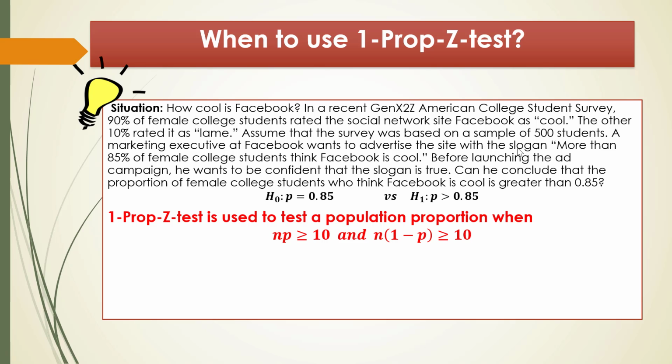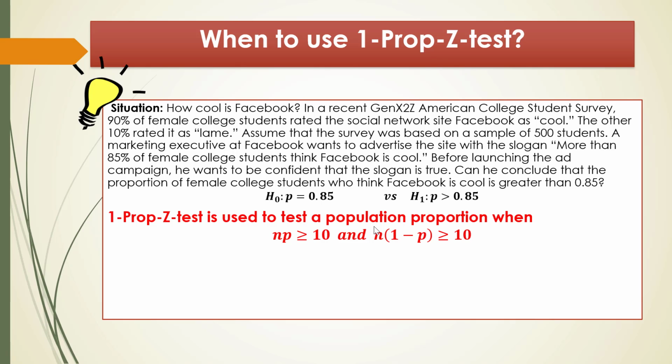So we see here, remember that the central limit theorem for proportions says that when np is at least 10 and n times (1 minus p) is at least 10, the sample proportion would follow an approximately normal distribution, with mean p and standard deviation square root of p times (1 minus p) over n.